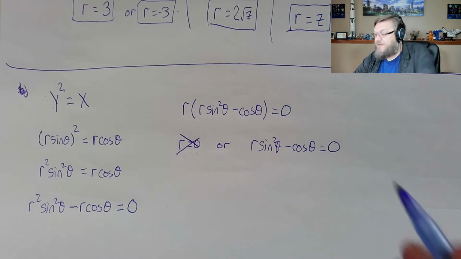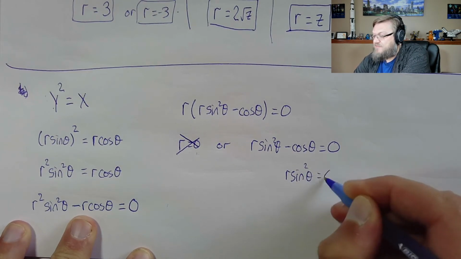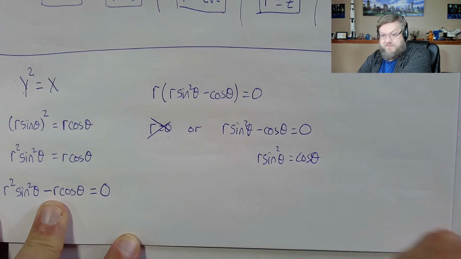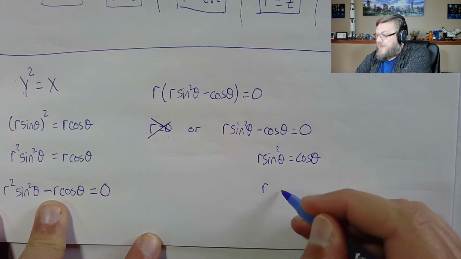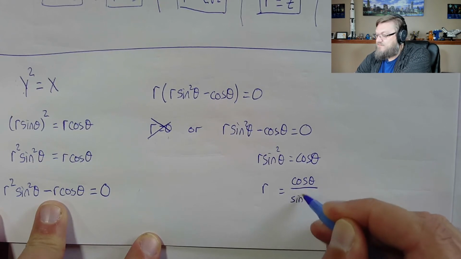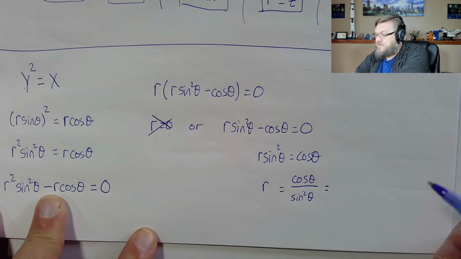Now I'm going to solve for r here. So r times sine squared theta equals cosine theta. And now I have to be careful, but I'm going to divide now. So r is cosine theta divided by sine squared theta. Said another way, this is lovely.